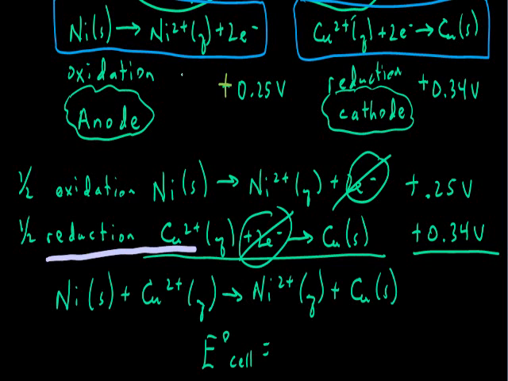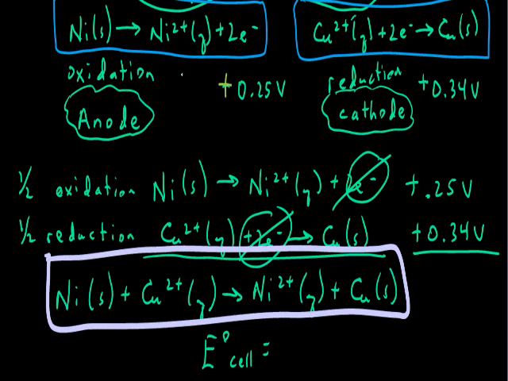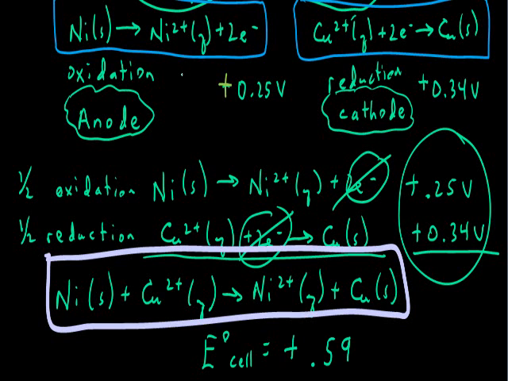Combining the two half reactions together, we get our overall balanced electrochemical reaction. And when we add our half reaction potentials together, we get a positive 0.59 volts for this particular electrochemical cell.